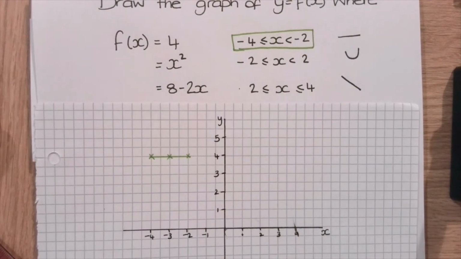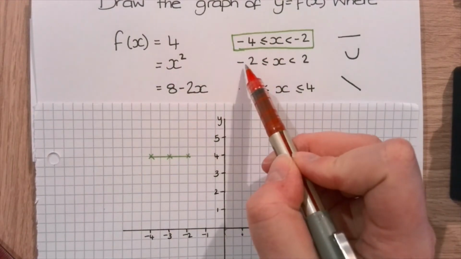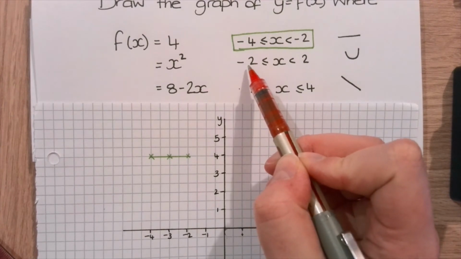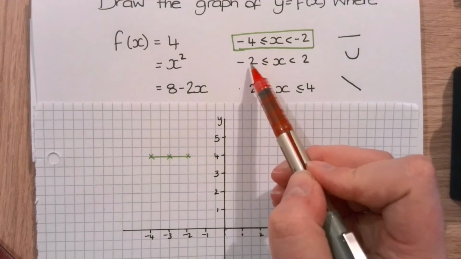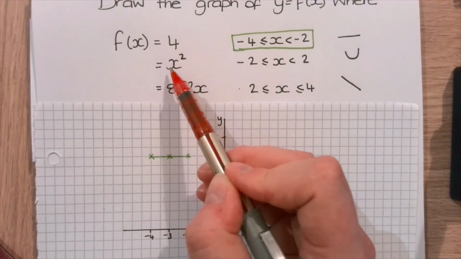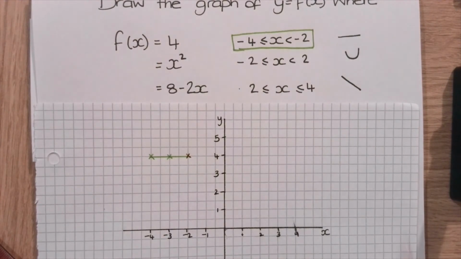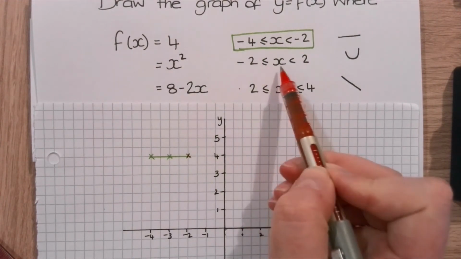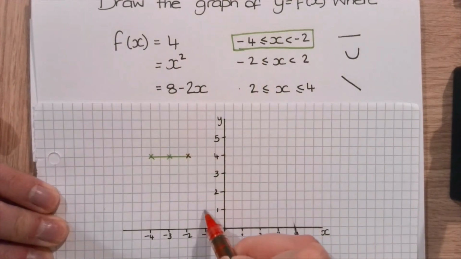I'm then going to look at the graph of y equals x squared. So I look at the graph of y equals x squared between all of the values between -2 and 2. So -2 squared is 4. That's good, that overlaps with that point there. -1, which would be the next one, -1 squared is 1, so that is going to be there.